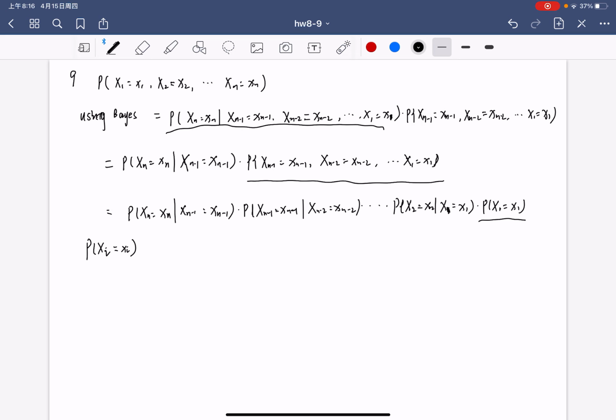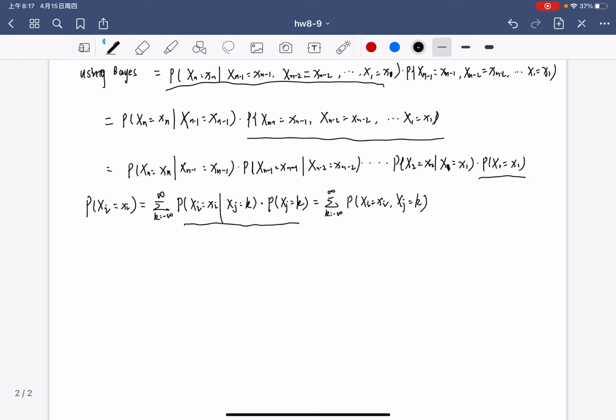It equals the sum over k from negative infinity to infinity of P(Xi = xi, given that Xj = k), and then multiply P(Xj = k), and we can find that this part is a joint probability, and it is equal to the sum over k from negative infinity to infinity of P(Xi = xi, Xj = k).